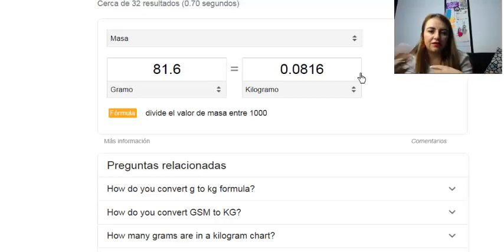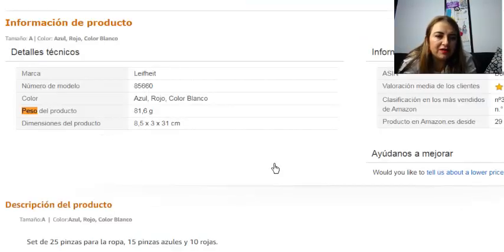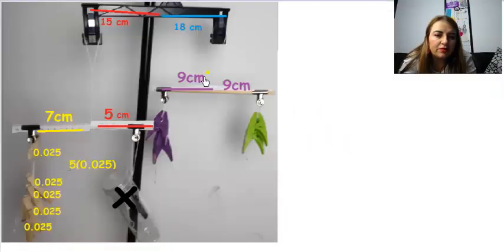The idea is that we can play with all of these. I think they're a little bit heavier because they're bigger than the ones made of wood. In this case, this one is purple. The measure is 0.081.